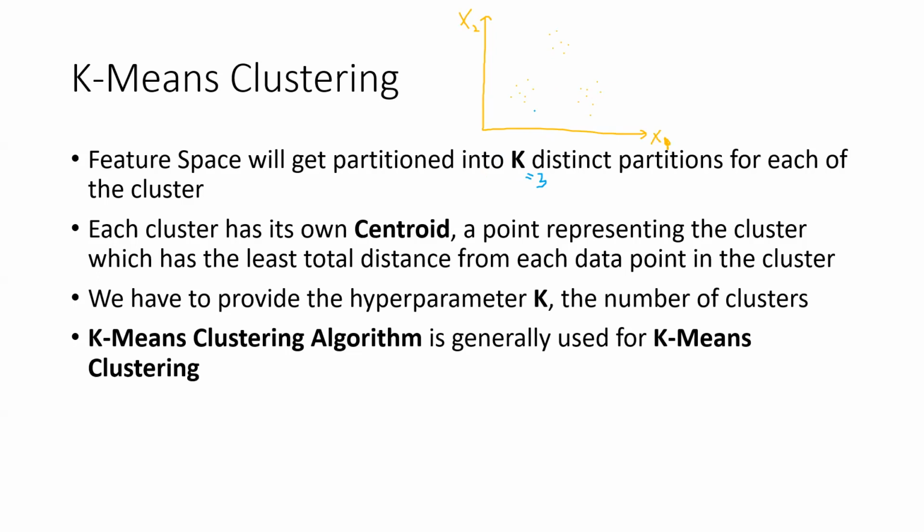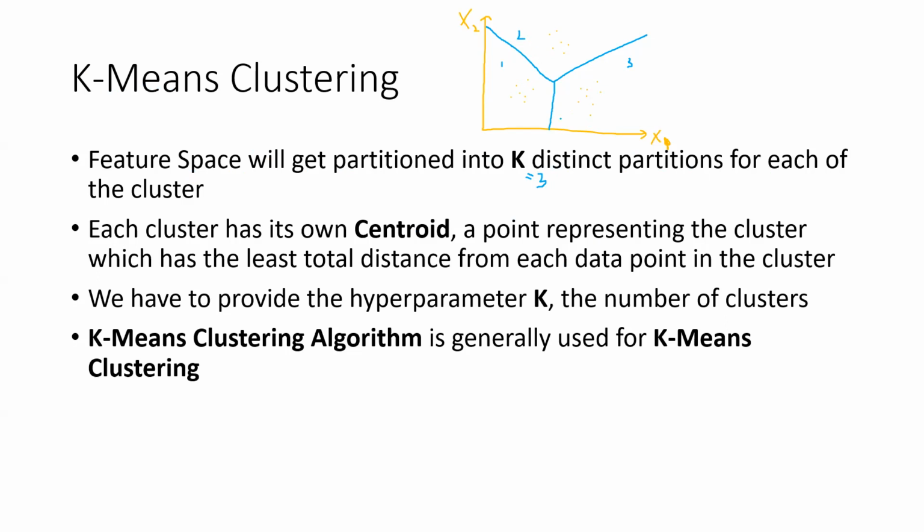So the whole two-dimensional space will be divided into 3 different partitions, right? This is one partition, this is another partition, this is another partition. This is what happens when you are using K-means clustering. The whole space will get partitioned into K distinct partitions, one for each of the clusters.